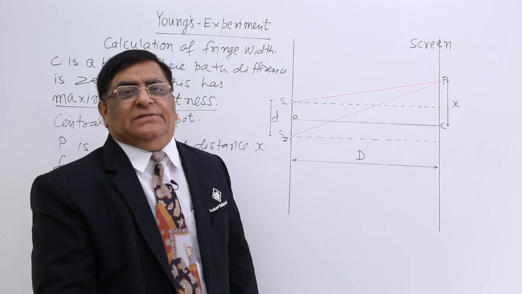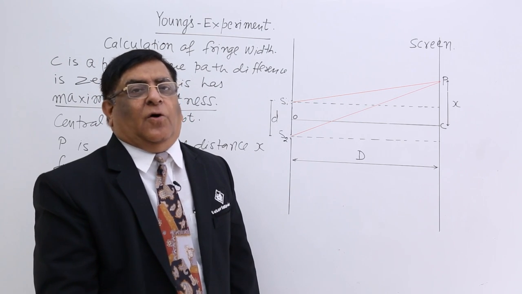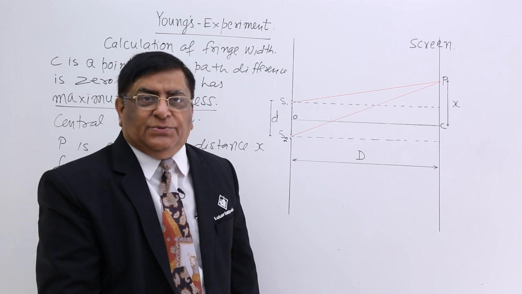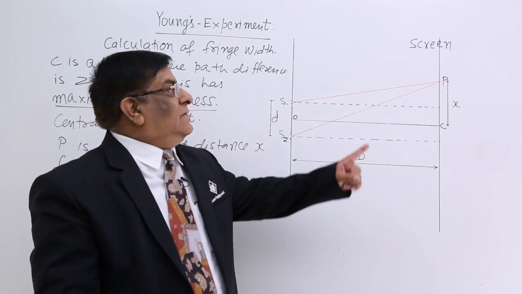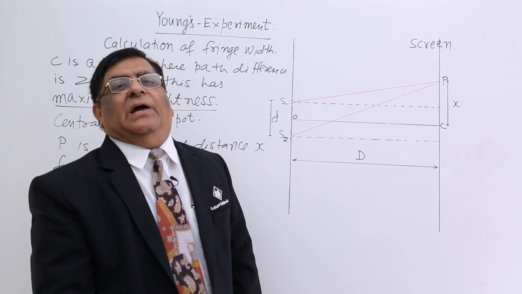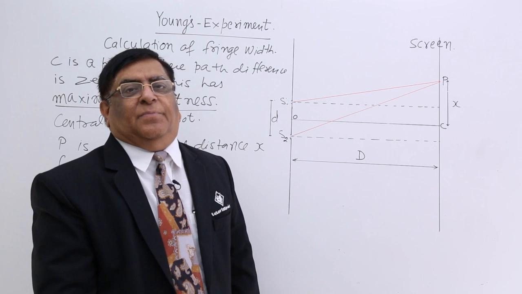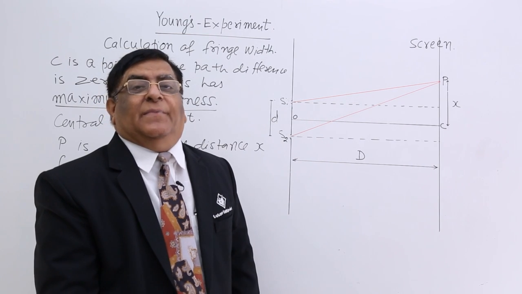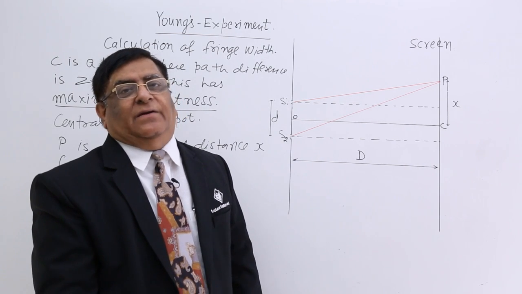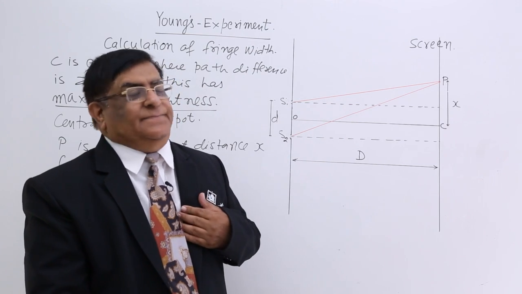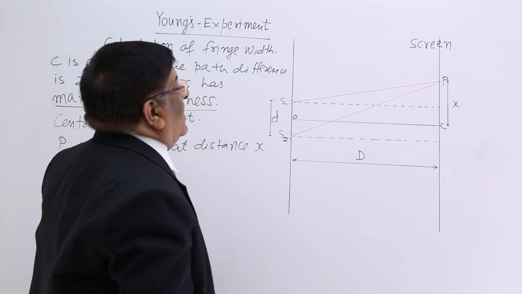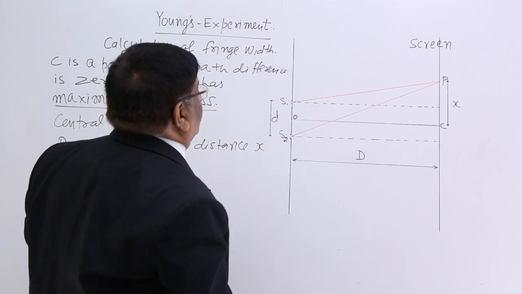If the path difference is an odd multiple of lambda by 2, then the brightness is 0, and if the path difference is 0 or lambda, 2 lambda, 3 lambda, then it will be bright. So, how do we calculate the path difference?